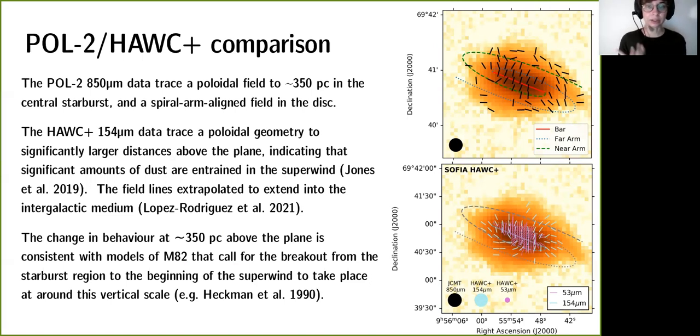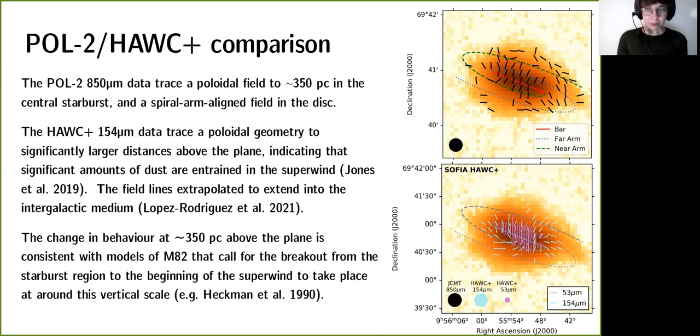They extrapolate from the HAWC Plus data that the field lines from the M82 superwind actually connect to the intergalactic medium rather than connecting back onto the galaxy in a galactic fountain. So this suggests that the magnetization can be transferred out into the intergalactic medium, which is very interesting.